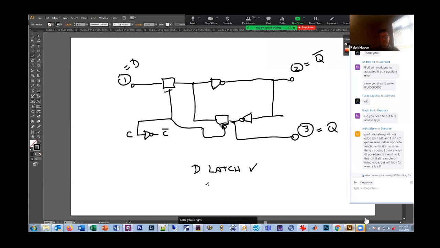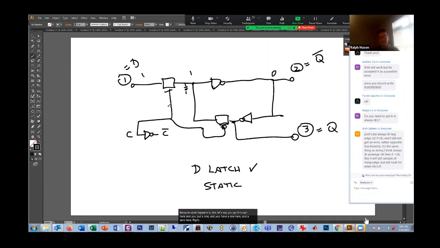So it's a D latch. We call this a static D latch. And there is a capacitor here, but we don't need a capacitor. There's always parasitic capacitance at every node in a chip, but we don't need that, because let's say you put a 1 through here, and you have a 1 here and a 0 here.